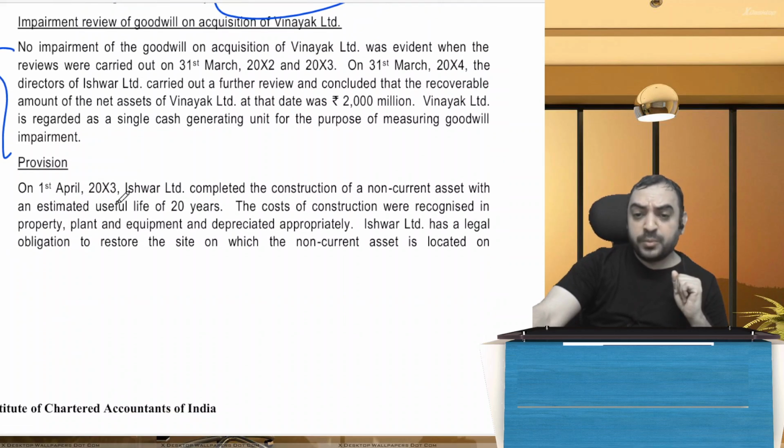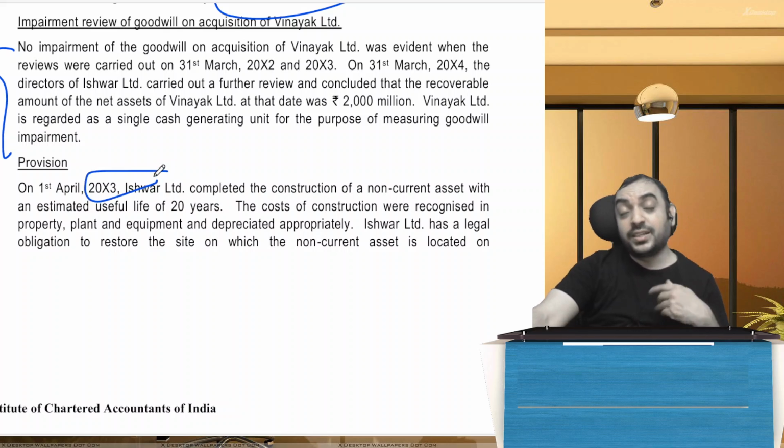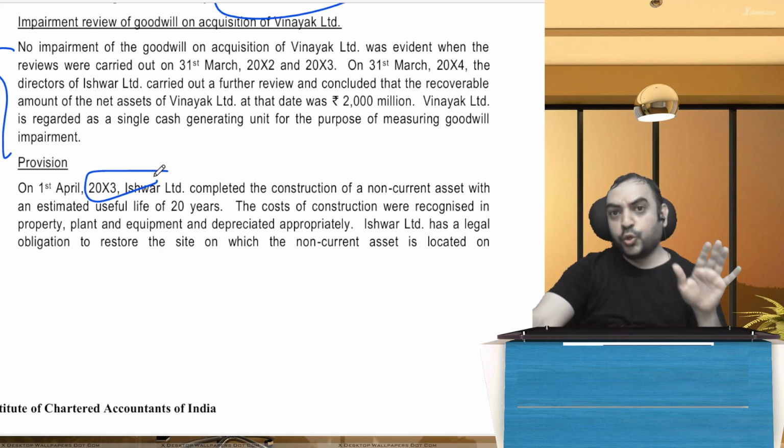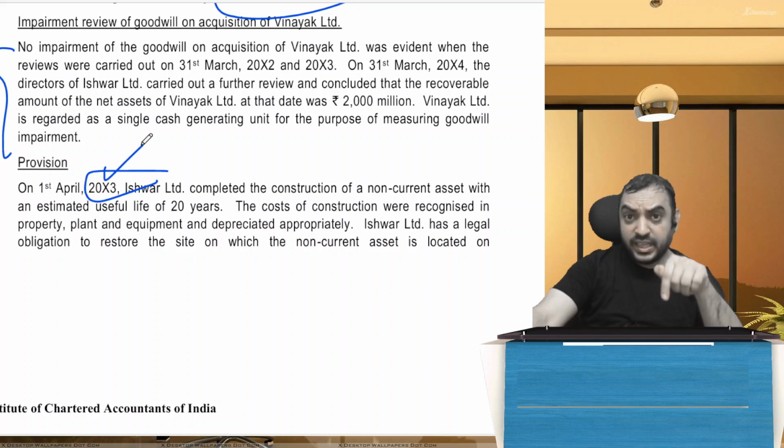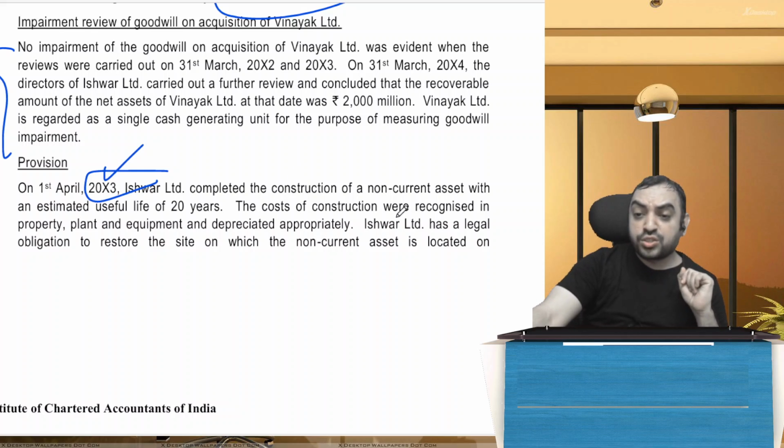Provision: on 1st of April, Issuer Limited completed the construction of a non-current asset. Okay, this is Issuer Limited, the holding company, nothing to do with the subsidiary company. A non-current asset with a useful life of 20 years, 1/4/2003, meaning the beginning of this year. The cost of construction was recognized in property, plant and equipment and depreciated appropriately.